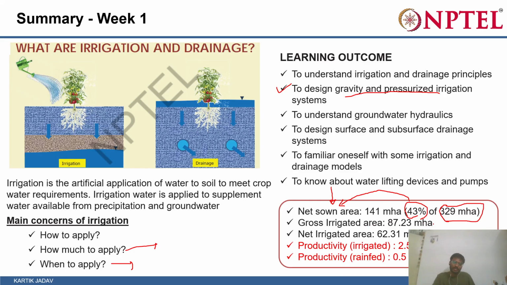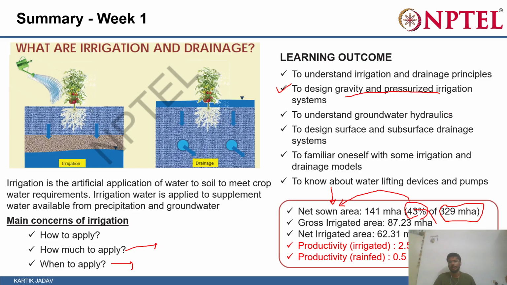This gap we just need to fill by using certain precise irrigation techniques, right? So this technique is very crucial, because if you do not do this at the right time, in the right way, that will lead to unsustainable development.